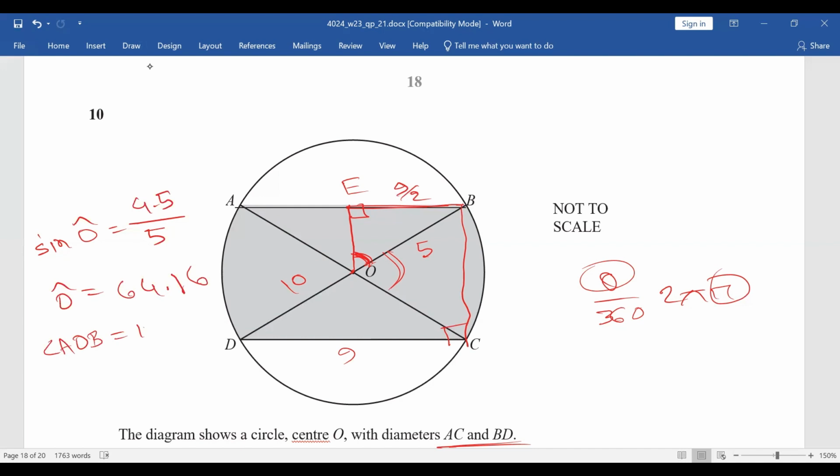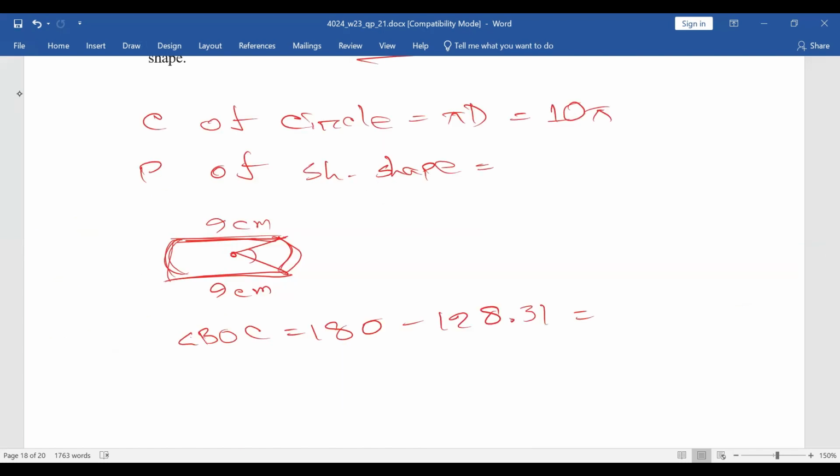So it will be 128.3. So if we subtract this angle 128.3 from 180, then we'll get angle BOC, which equals 51.68.